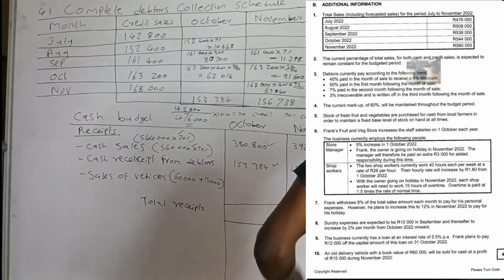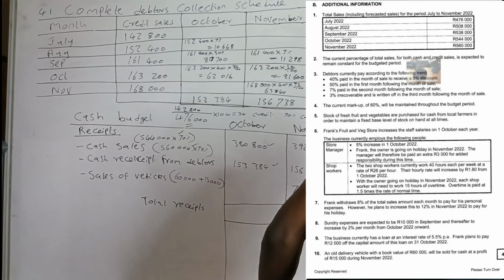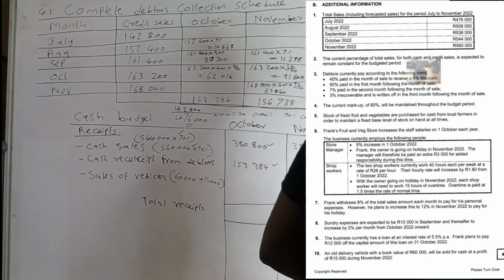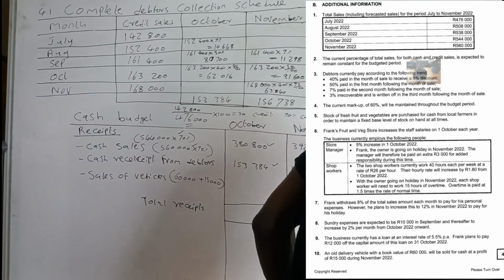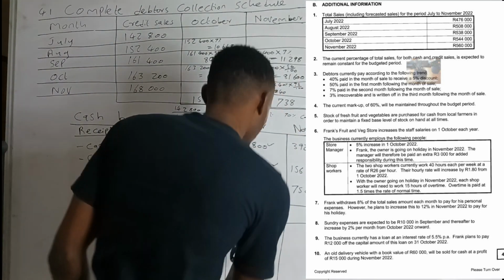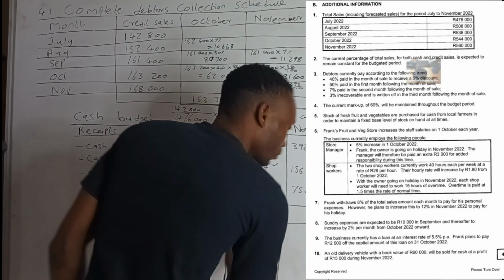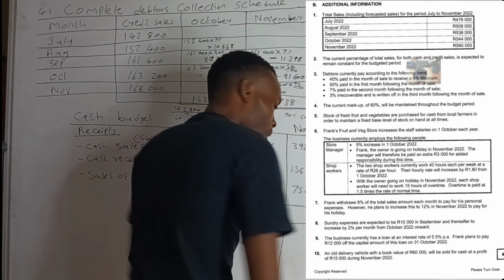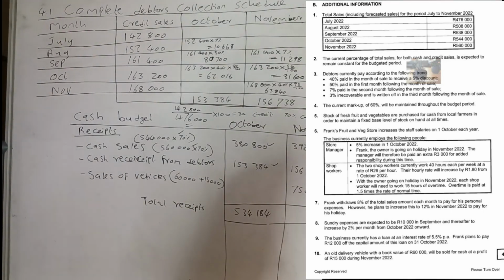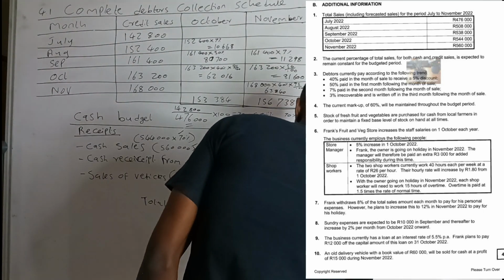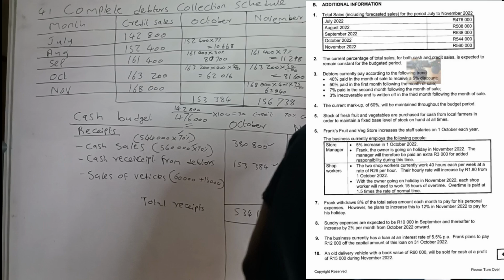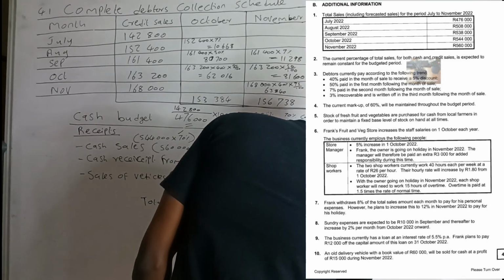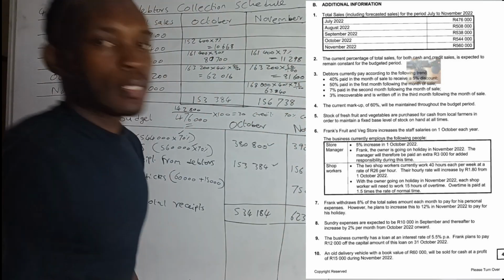Other transactions are going to affect payments. So you have to make sure that you also totalize. If you totalize for October, you're going to get 534,184, and for the other month you're going to get 623,738.